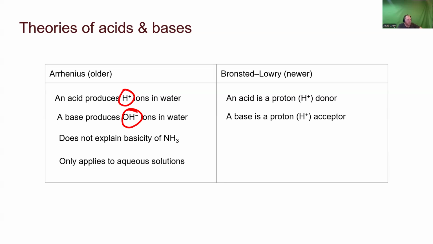So whenever you see something like this, HCl versus NaOH, before you say anything, I want you to look at these and know that these are both ionic compounds. These two ionic compounds will both dissociate in water. Which one of these, whenever it dissociates, will make an OH, or a hydroxide ion?